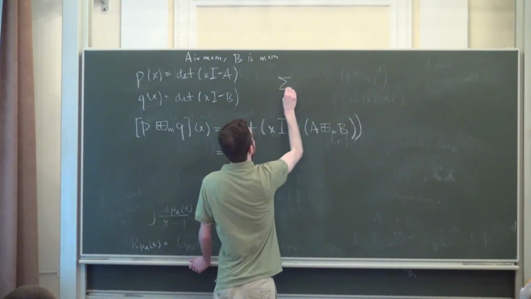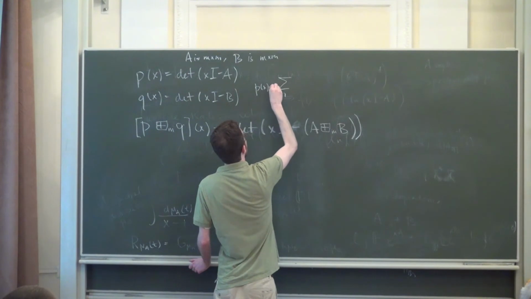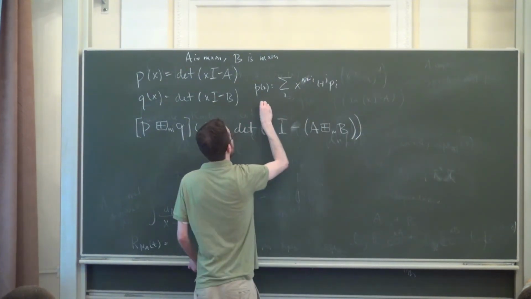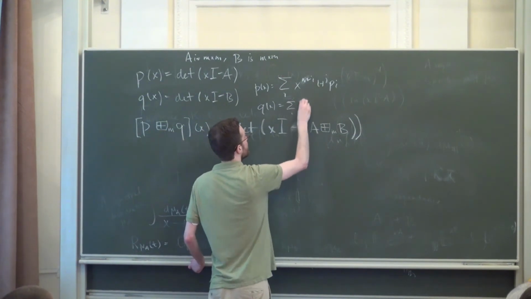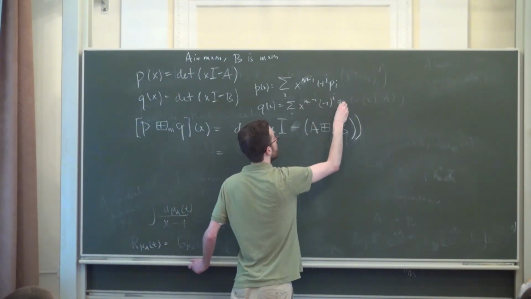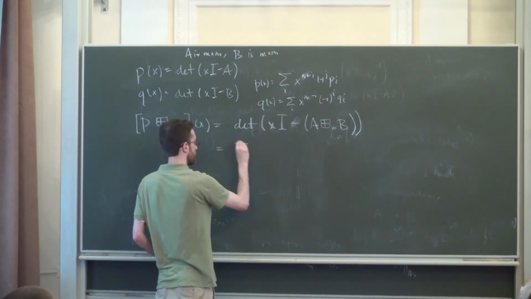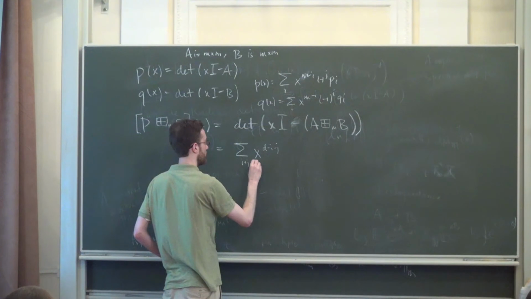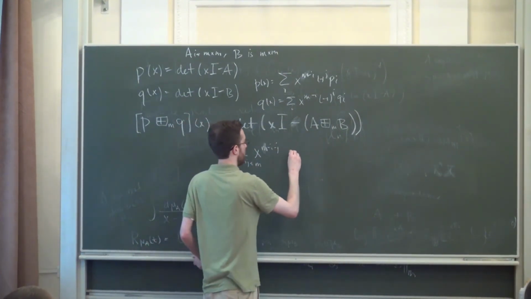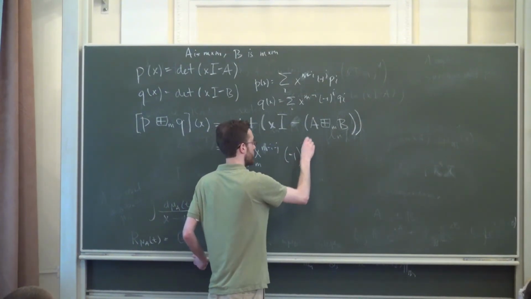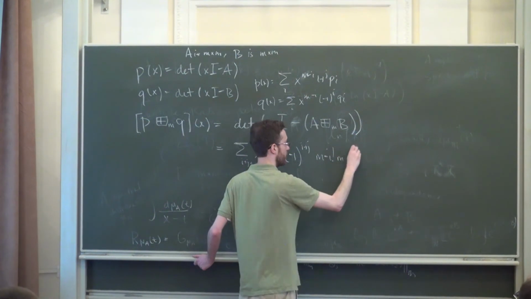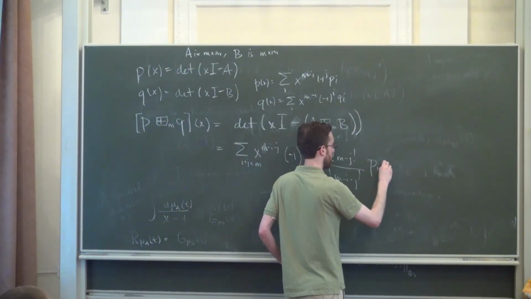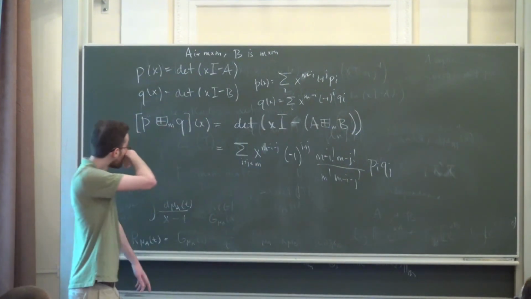So if P of x is the sum over i of x to the m minus i, minus 1 to the i, p sub i, then this is the sum over i plus j less than or equal to m, minus 1 to the i plus j, m minus i factorial, m minus j factorial, q sub j.